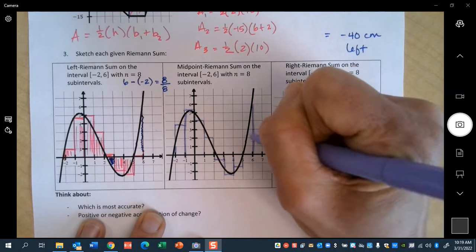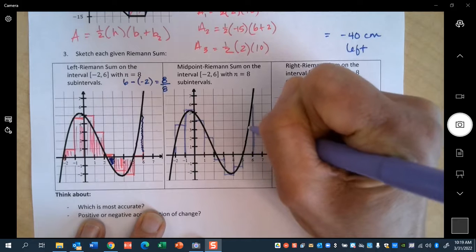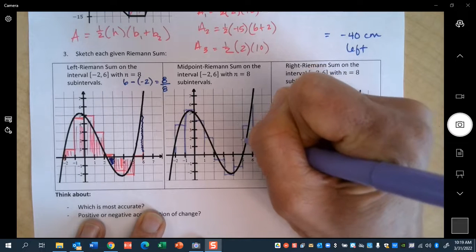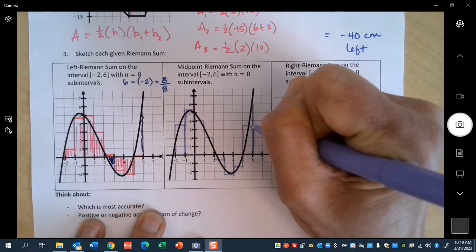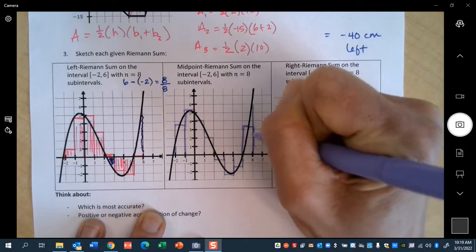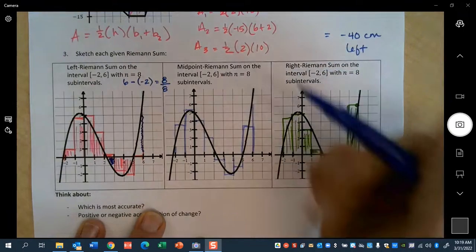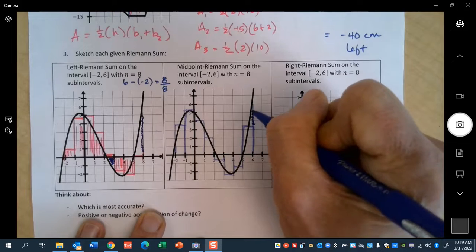So you're going with where the graph hits in the middle. If you end up drawing a line and you can't erase, I'm okay with you just squiggling it out.